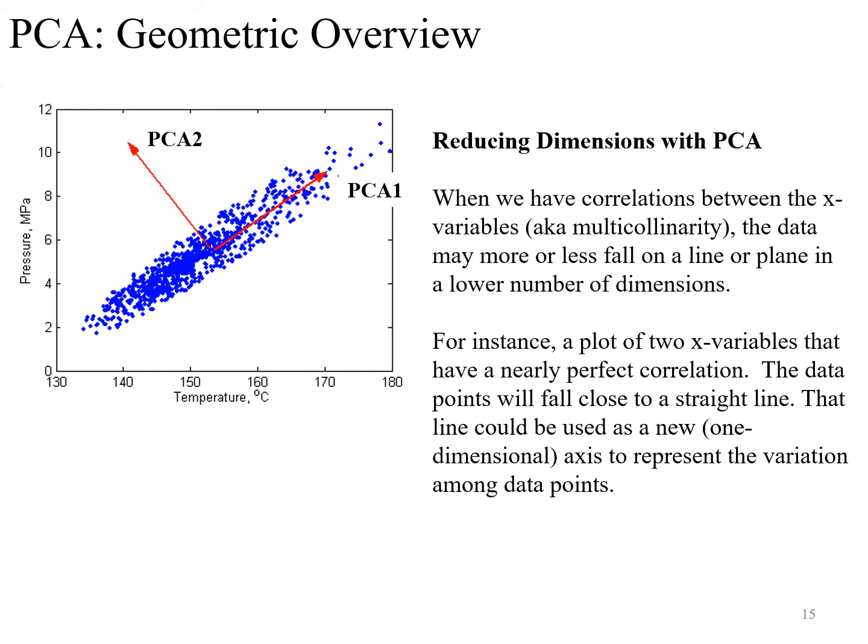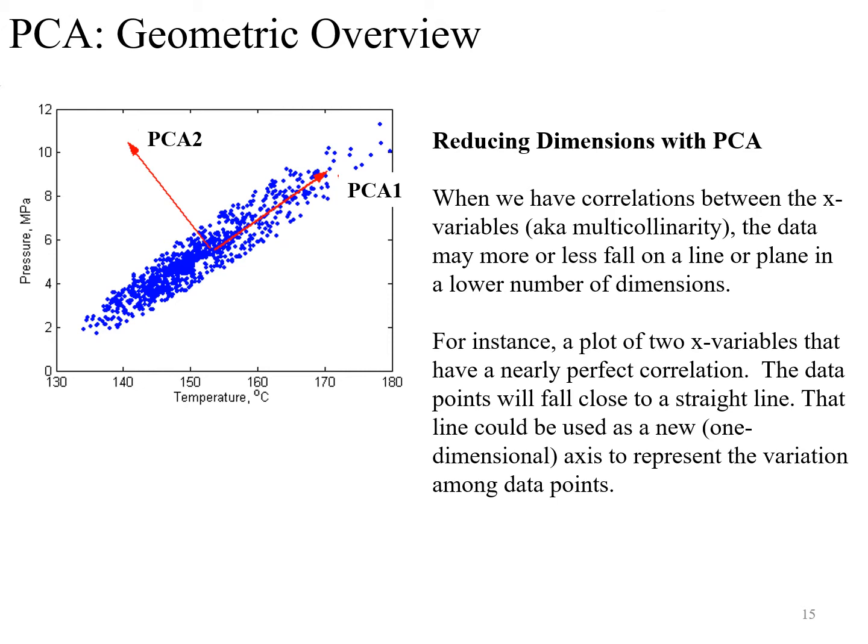So rather than describing those two variables separately, we could, number one, just use one of the two variables and understand that the other variable is covariant, but we might not want to pay attention to it.